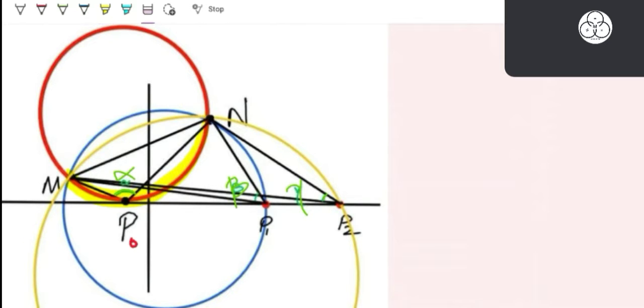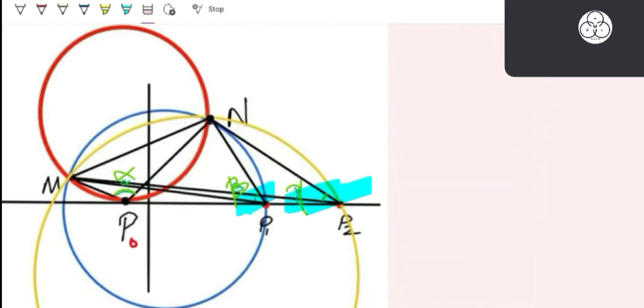If we look carefully at these angles, because this is the circle for the angle beta, we can clearly see this is the chord, and this is the major arc of this respective circle.